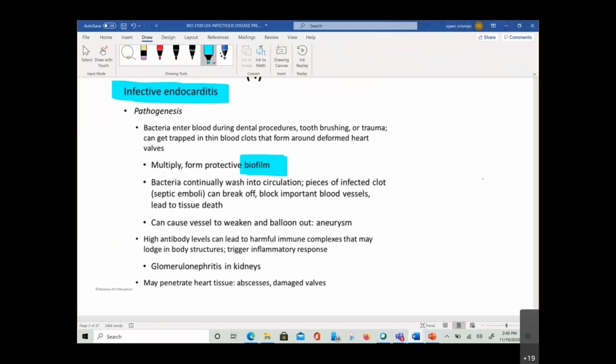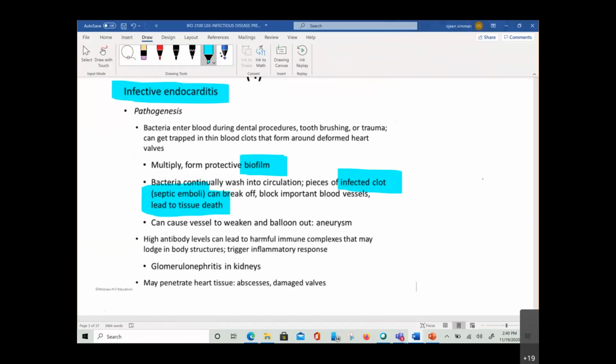When it clots, this is what's called an infective clot or a septic emboli. When it blocks off any blood vessel in the circulation, it's going to lead to tissue death. For example, it can go into the hip bones and cause septic death. Okay.